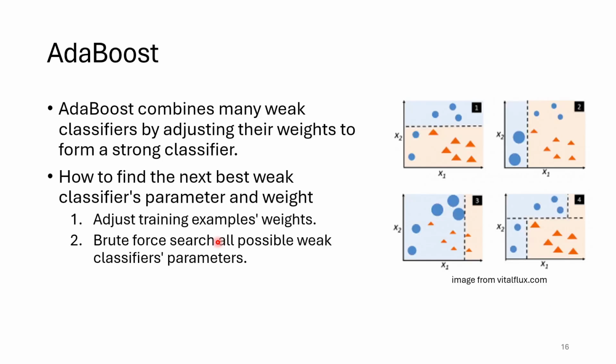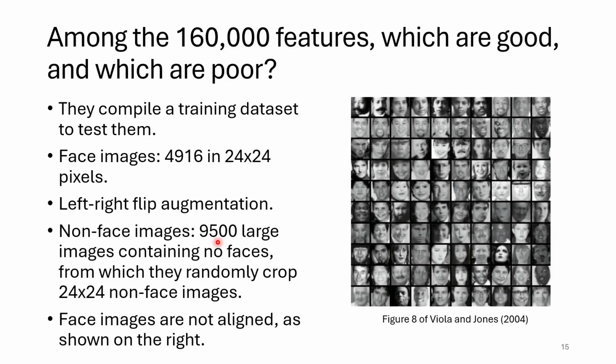They use AdaBoost. AdaBoost is a machine learning algorithm to develop a classifier. The idea of AdaBoost is, we have many choices of weak classifiers, and we have many training examples. Here you can see they have almost 20K training examples.